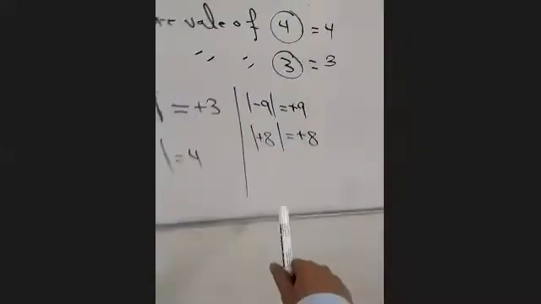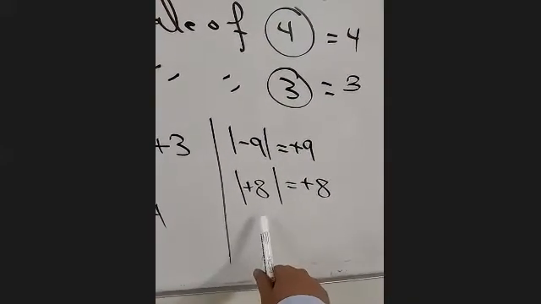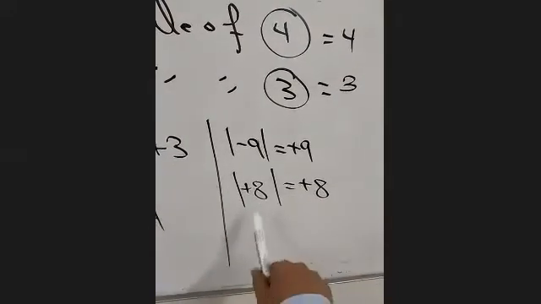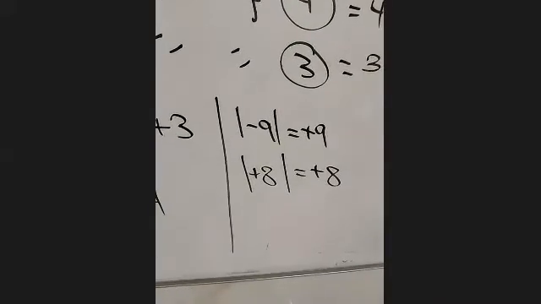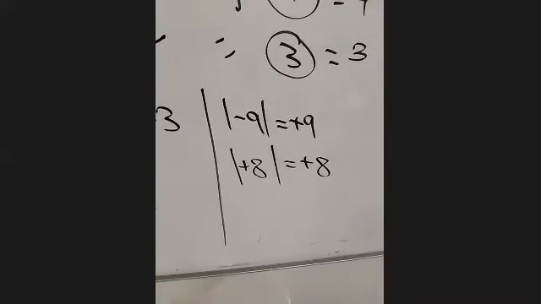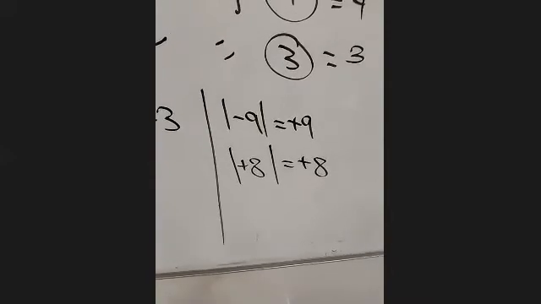Why do we make it positive? We don't make it like +8, we don't make it -8. Is this opposite, Mister, to make it negative? No, it is absolute value. What's the absolute value? Mister, I'm asking you, answer me. Do not answer me with another question.